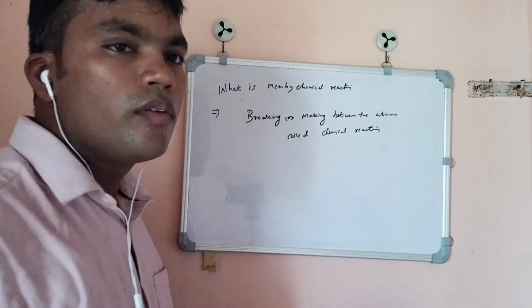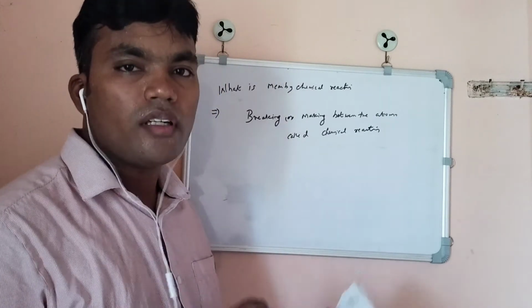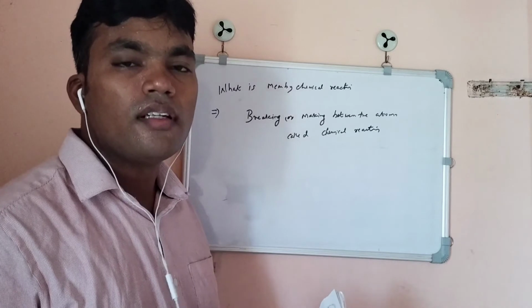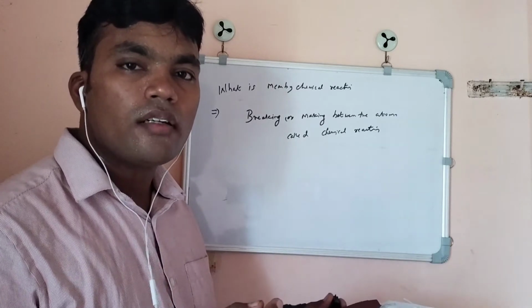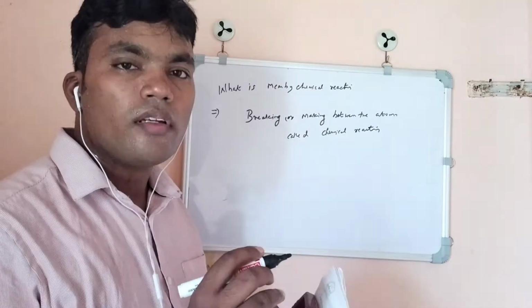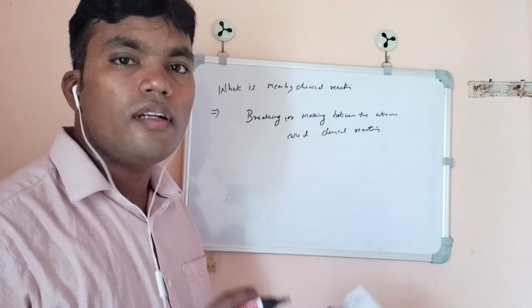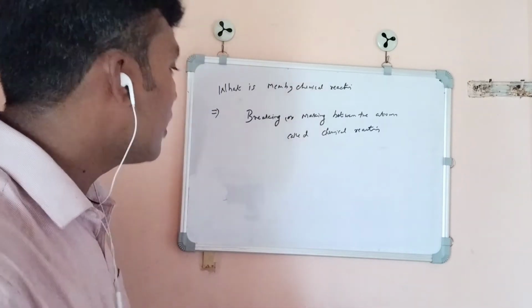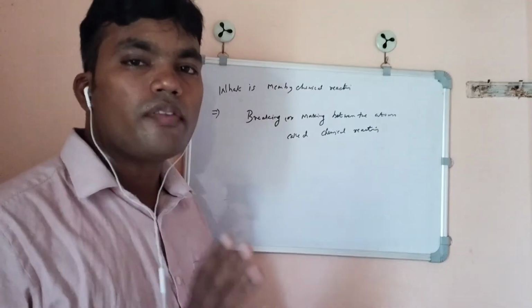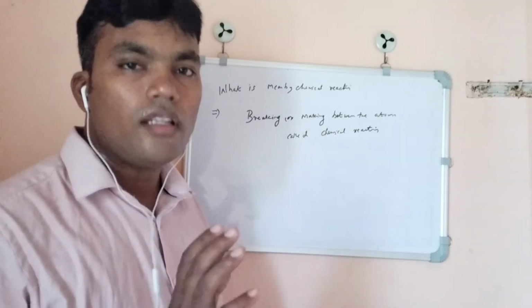Now you have learned what is meant by chemical reaction. During the chemical reaction, the bond may break or the bond may form between the atoms. We have seen 5 types of chemical reactions in our syllabus.